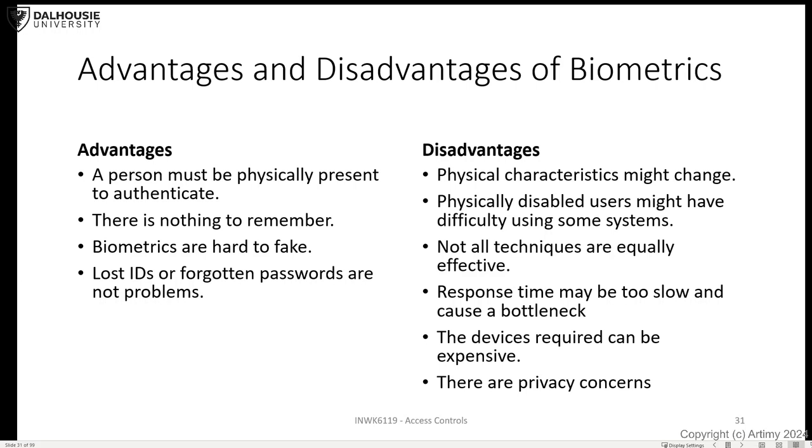Disabled users, let's say somebody who cannot speak, cannot use voice recognition, for example. Not all techniques are equally effective or have the same rate of success. We talked about response time, which may be too slow for some systems, and the systems are usually more expensive, right? A retina scan is not something that you can easily buy and use anywhere. And finally, there are the privacy concerns of people.